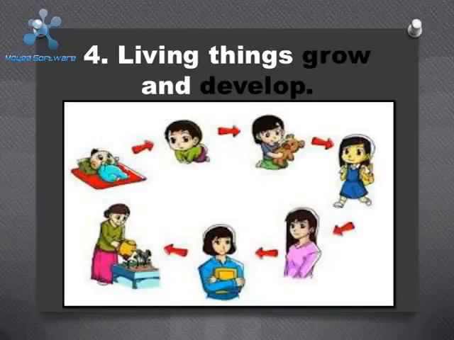Now, the next characteristic of living things is growth. Yes, living things can grow and develop. All living things need to grow and stay healthy. For that, we are taking so many substances like food, healthy drinks, milk, fruits to grow.